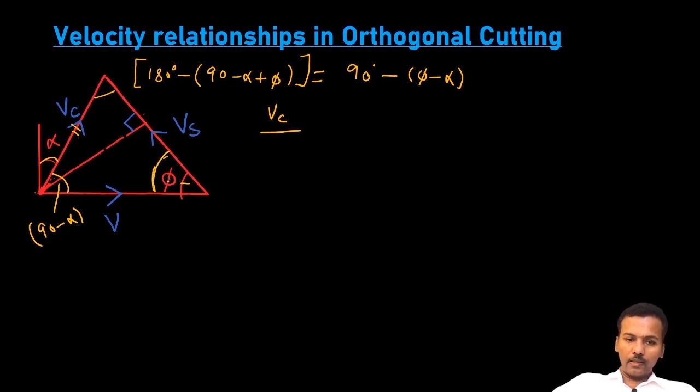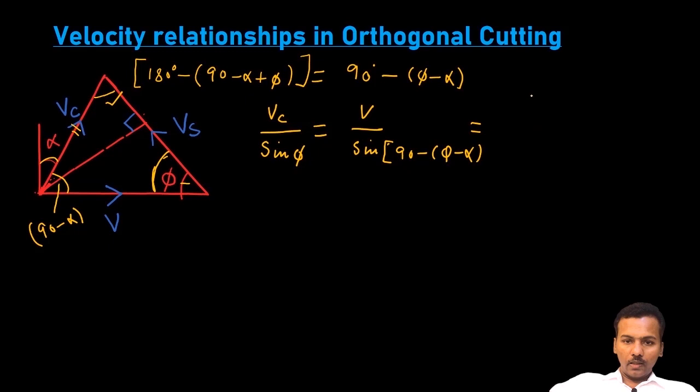So take this angle in terms of sine, Vc upon sine phi equal to V upon sine of this angle, and this will be sine 90 minus phi minus alpha.